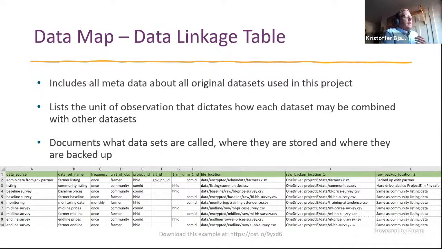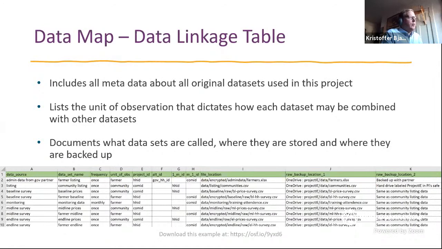All data sets with the same unit of observation can be linked in a one-to-one merge. One-to-one merge means that no row in one data set is matched with two or more rows in the other data set. An example of this would be to merge the community listing data set that you see in this table with the baseline prices from those communities.